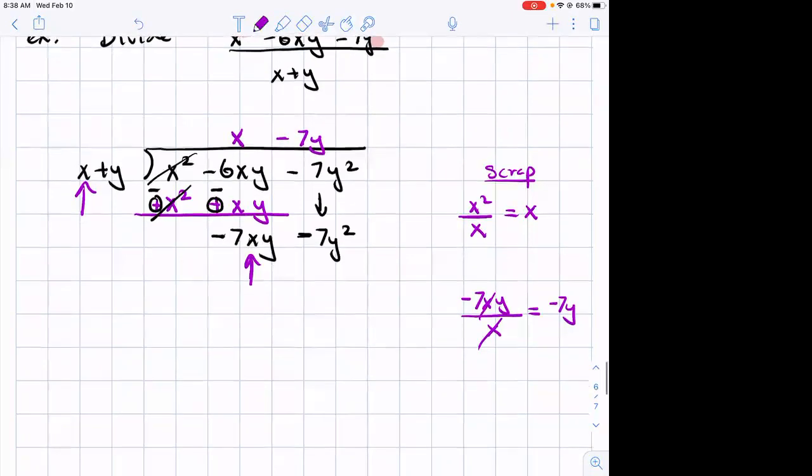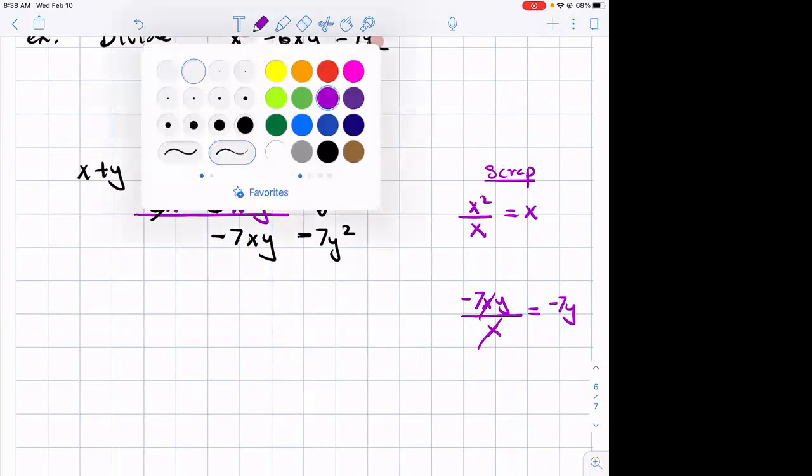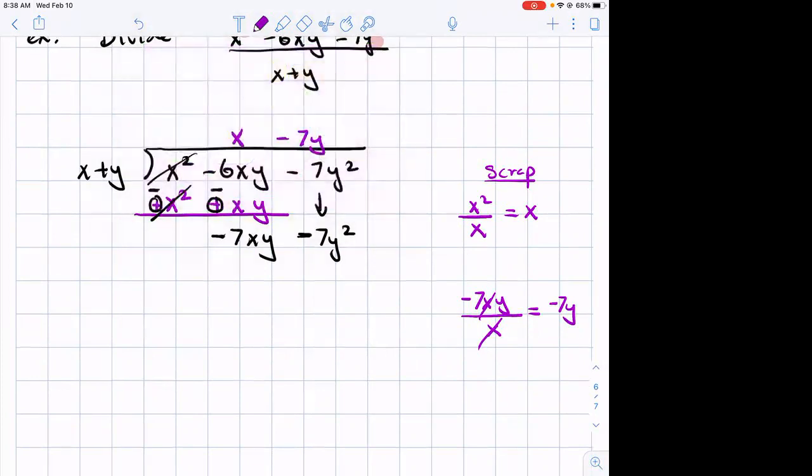And if I distribute here, this times this and then this times this, so minus 7y times x becomes minus 7xy.